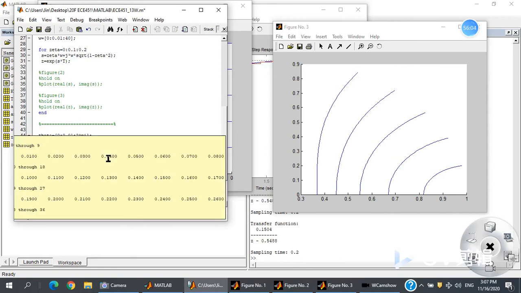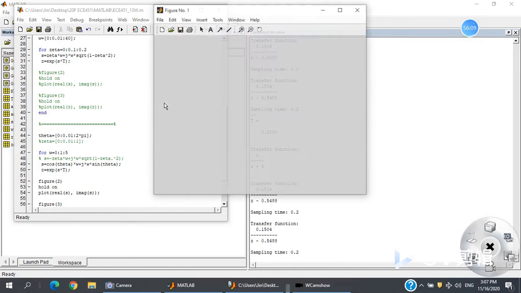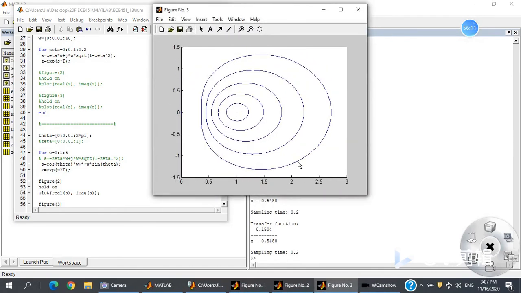Hopefully this works. Yeah, this is a circle.